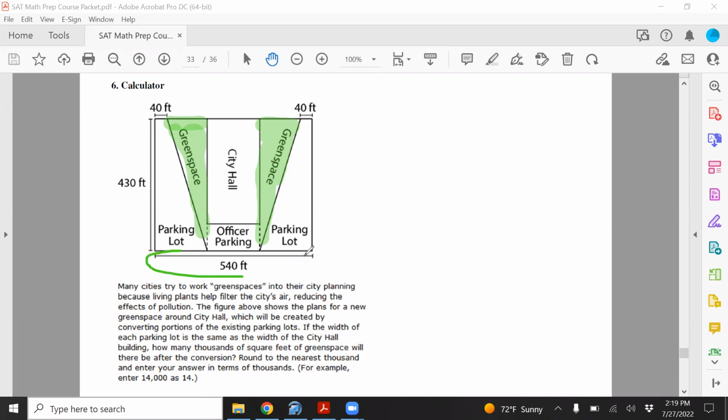So 540 is this whole thing. And of course, that's 40 and 40. So you have 460 left. And they have City Hall as well, so hold on a sec.